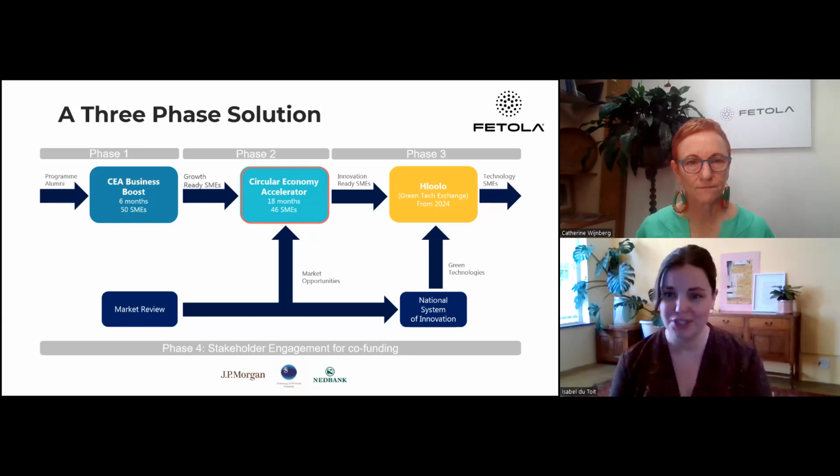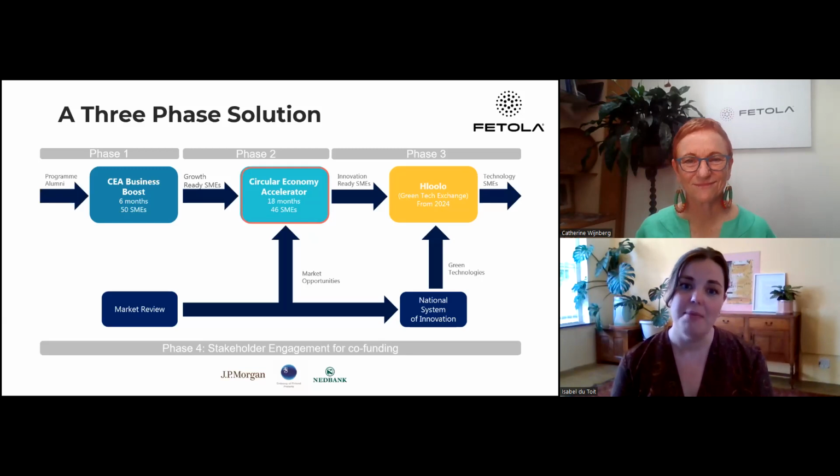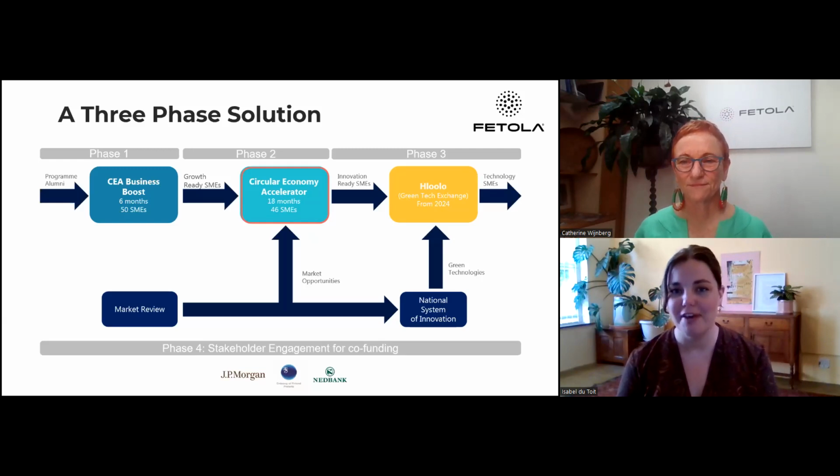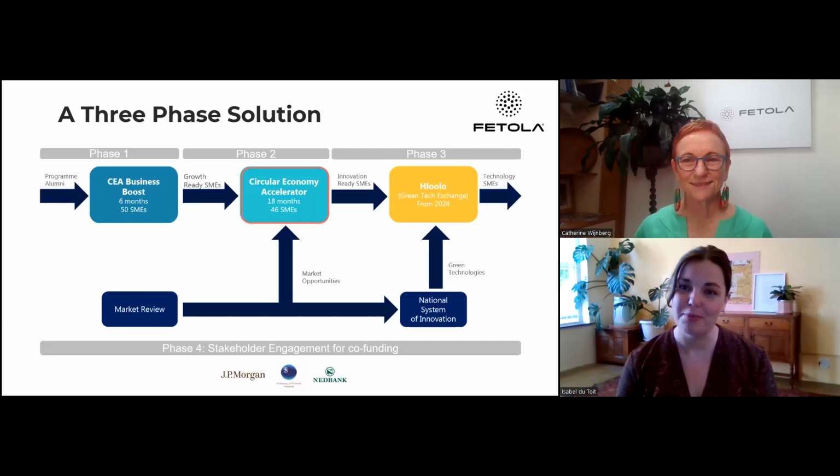Phase 2, the one we'll be reporting on today, was an 18-month accelerator where we took on an additional 46 different businesses and put them through this acceleration program with that golden thread of circular economy. And then the final phase, which we're also going to be launching soon, is Flulo, and that'll be to bridge the gap between technology innovation, finance and market, and the green SMEs that really need it. So that's our solution that we proposed.